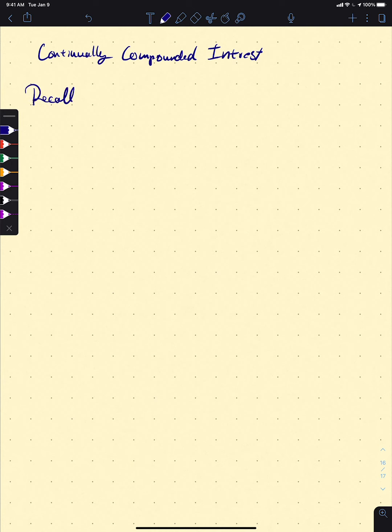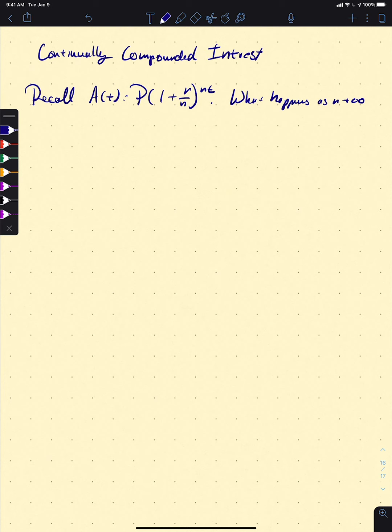So if we recall that we have this A of t, this P times 1 plus r over n to the nt, what happens as n goes to infinity? What happens if, rather than compound daily, we compound hourly or minutely or every second or every instant?